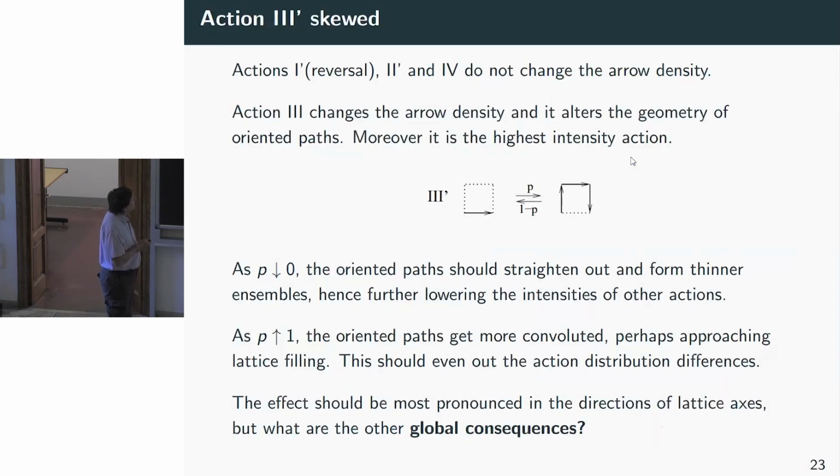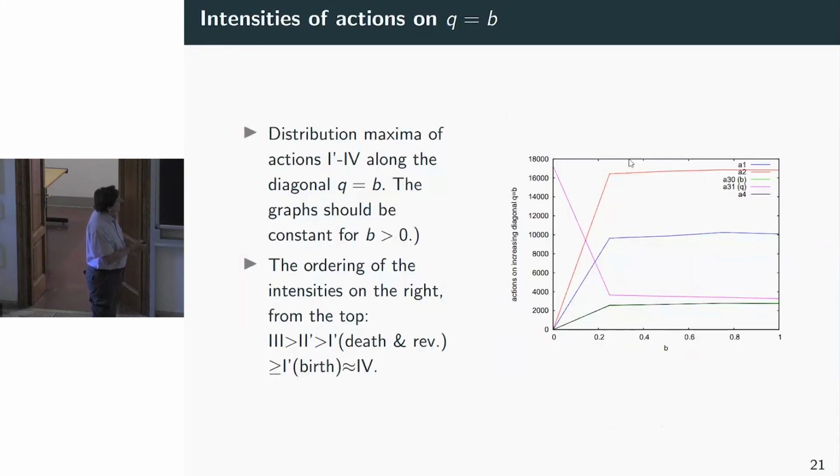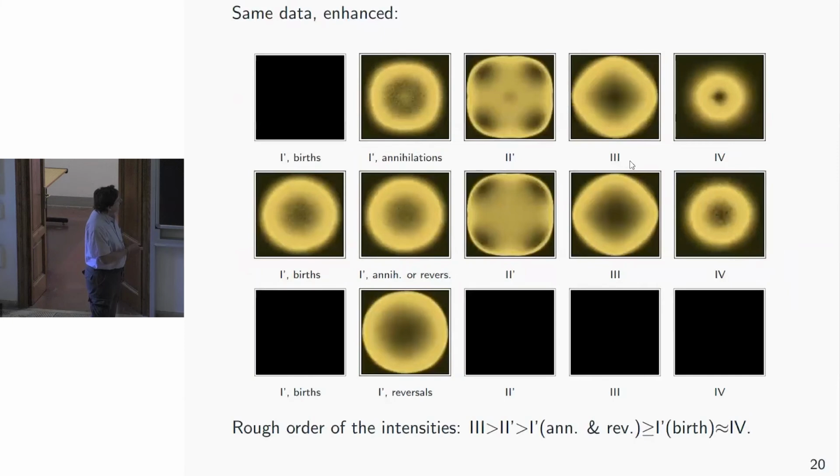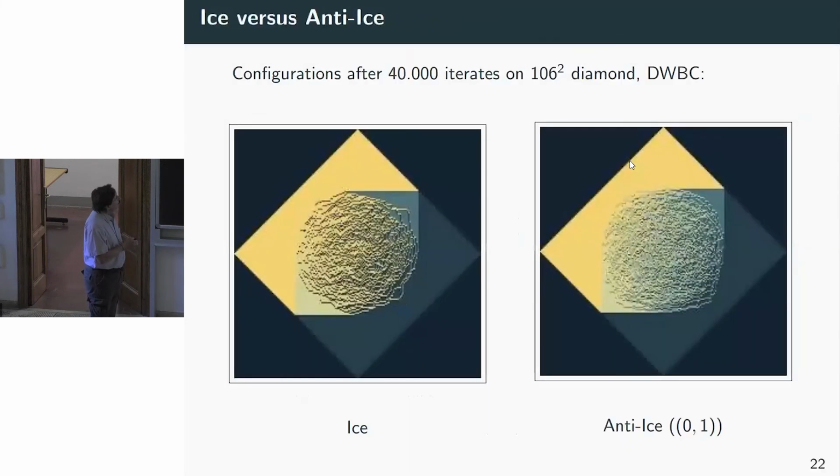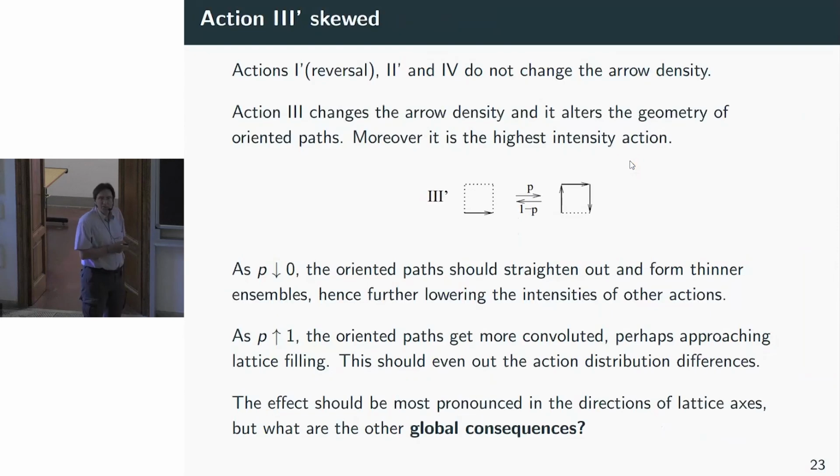Okay, now one final thing that I want to say is that because action number 3 was the most intense in all of these simulations, it was kind of interesting to see what happens if we fiddle with that, meaning that you introduce asymmetry into action number 3.